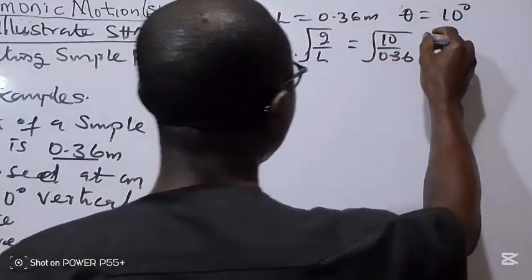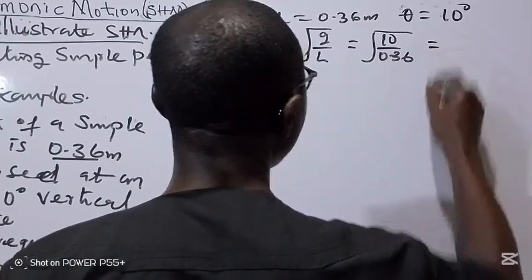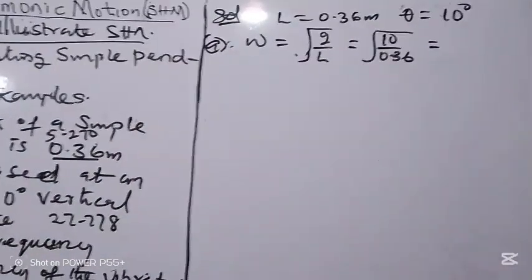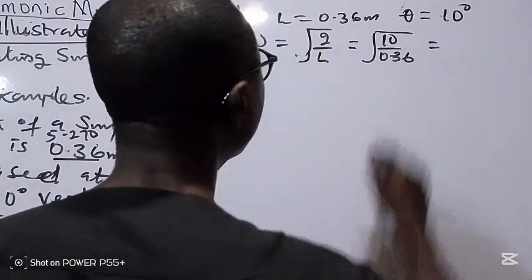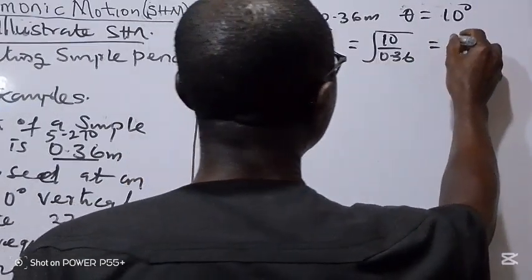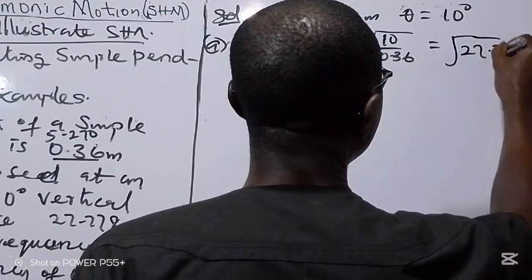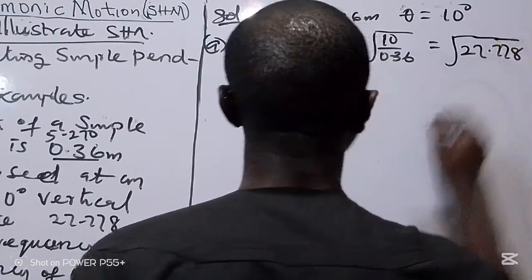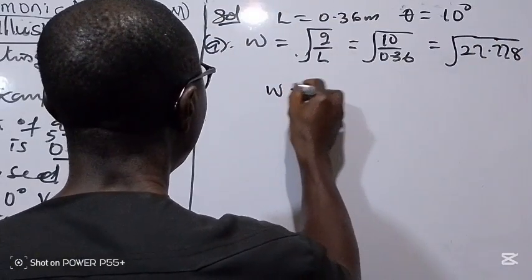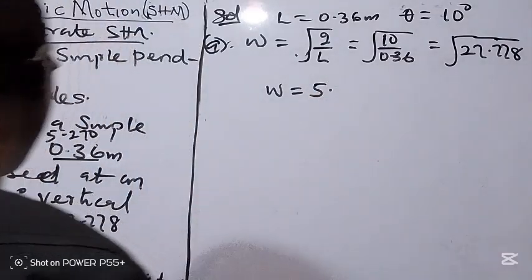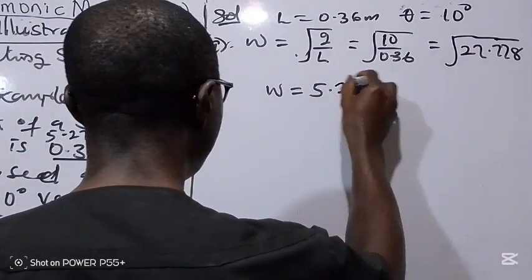This one will now give us square root of 27.778. Then omega will now give us 5.270 rad per second.